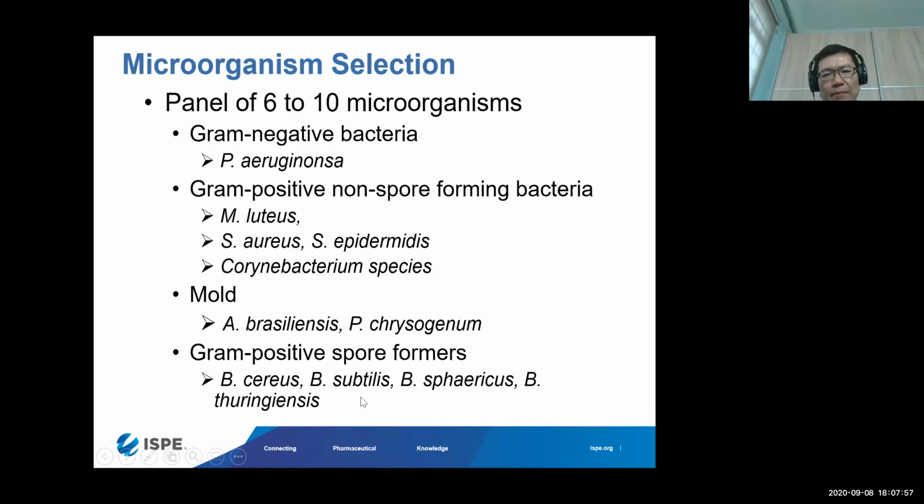Typically the Bacillus spore formers are done for the sporicidal agent only. For disinfectants, you can include the mold as well, gram-positive, gram-negative, and the mold.